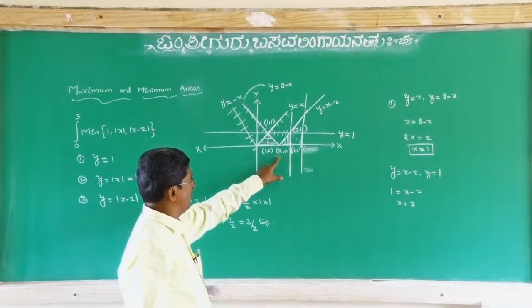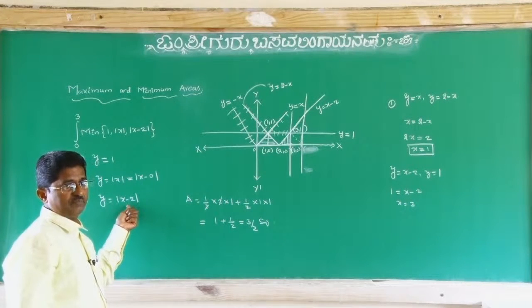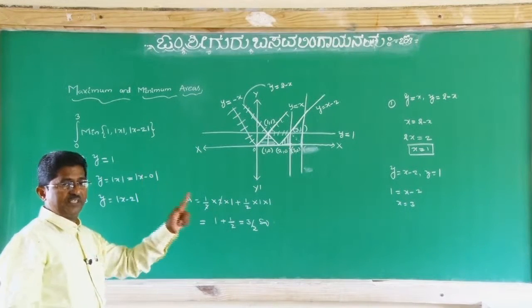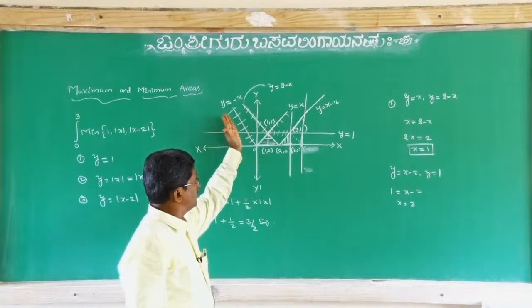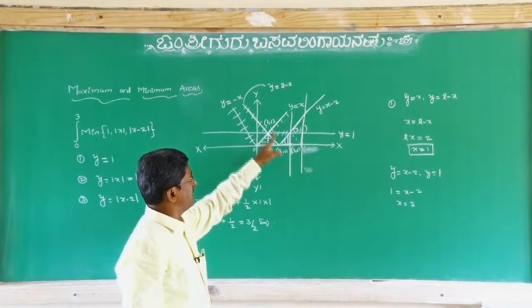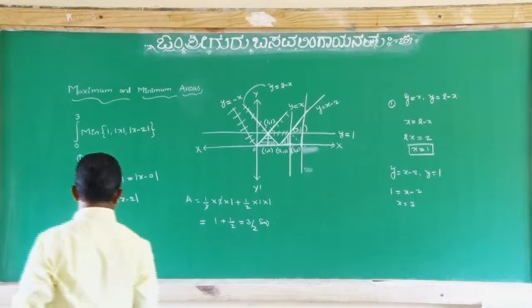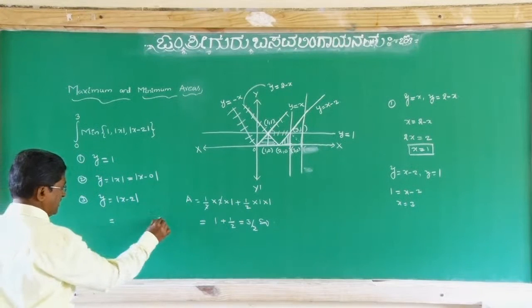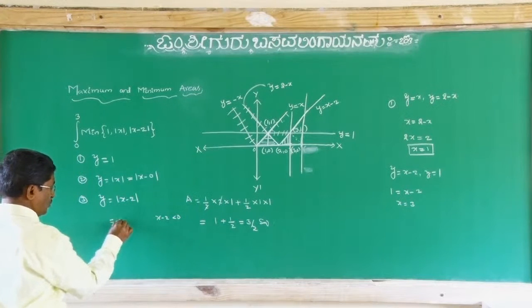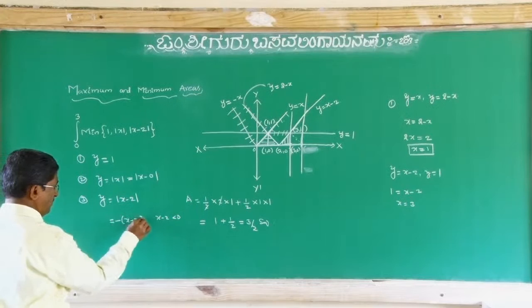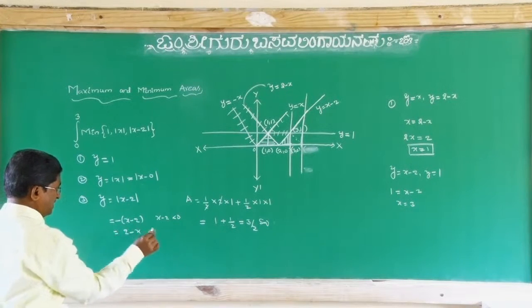Mod of x minus 2 means the zero of the polynomial: when y is equal to 0, x becomes 2. 2 is called the critical point. From there onwards, draw a line parallel to this line, in the negative direction, because this line is y equal to modulus of 2 minus x. Now I write here, this condition is also defined otherwise: when x minus 2 is less than 0, modulus of x minus 2 becomes minus of (x minus 2), which can be written as 2 minus x.